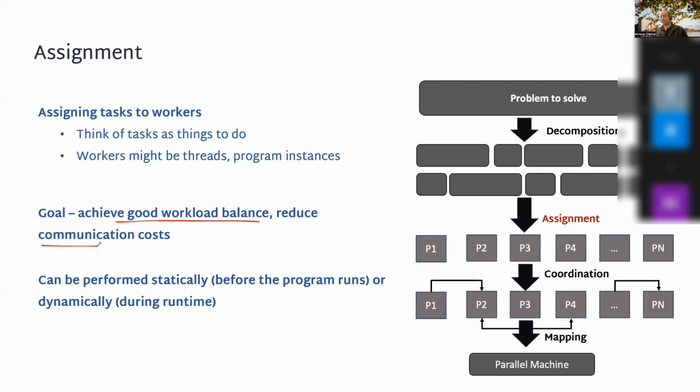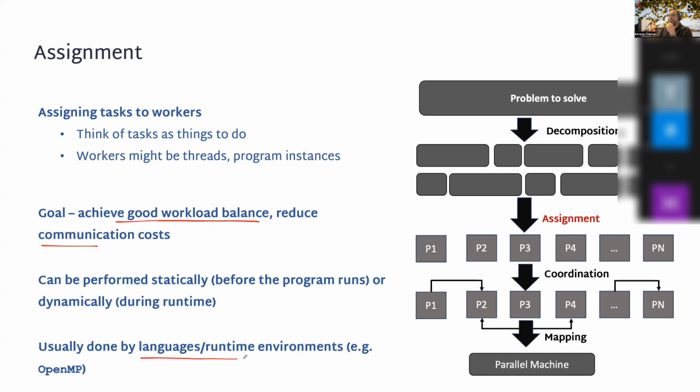And this can be done by the programmer or by the runtime, like what we had in OpenMP, and it can be done statically before the program runs or dynamically during the execution.